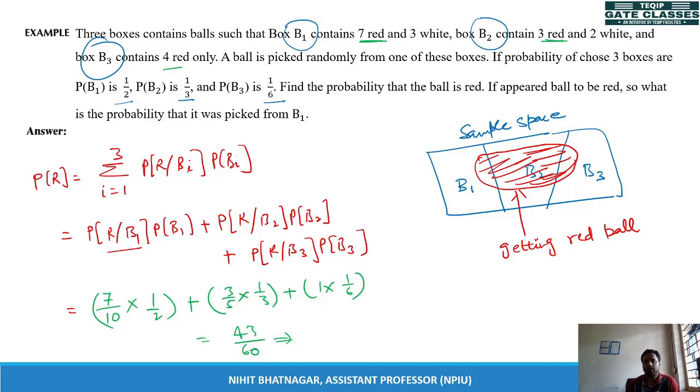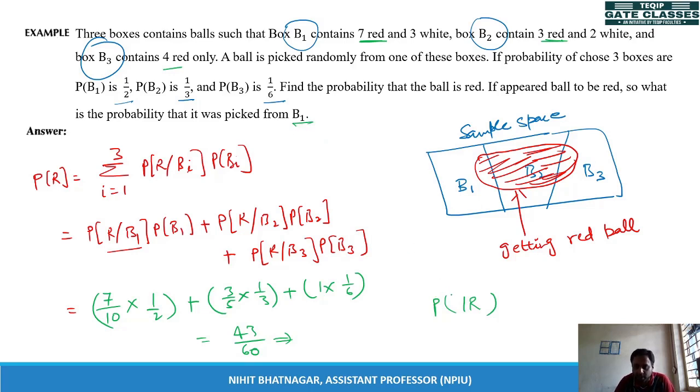Now the question is: if the ball appears to be red, what is the probability that it was picked from box B1? It means the red ball event has occurred. We can write here R, and we have to select from B1.